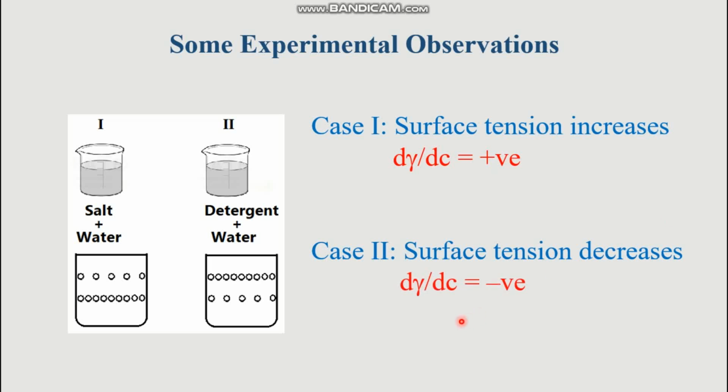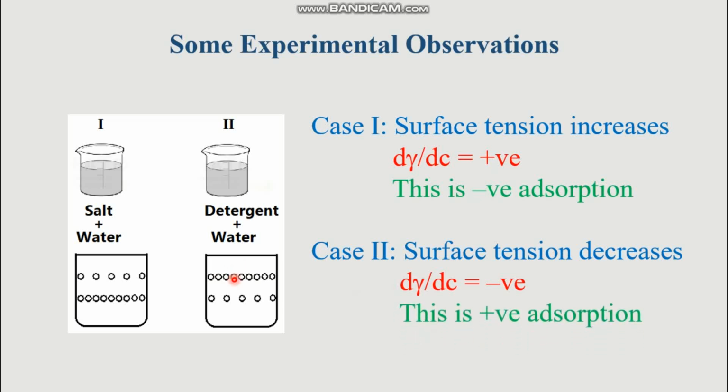And in case of surface tension decrease, the value d gamma dc is negative because gamma is inversely proportional with respect to concentration here. Now this case where d gamma dc is positive is known as negative adsorption, and this case where d gamma dc is negative is known as positive adsorption.